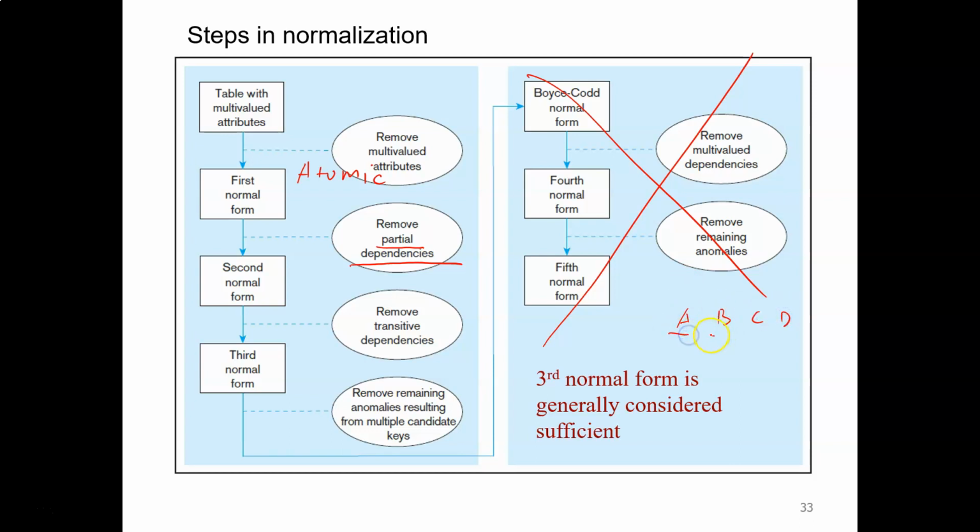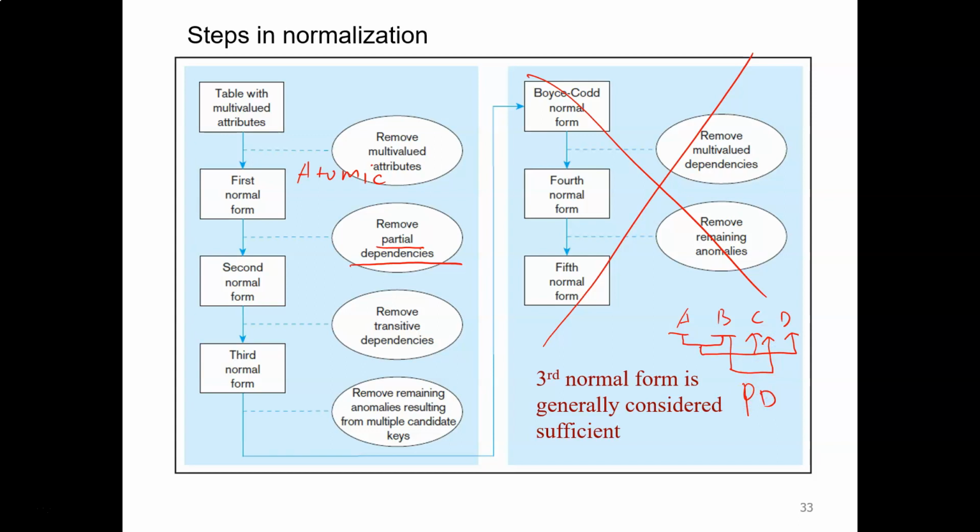If these are the primary key, then it means that A and B together can determine C and can determine D, because the primary key is supposed to determine the values of other non-key attributes. What if at the same time B can also determine the value of C? Then this is called a partial dependency, because part of the primary key can determine another non-key attribute.